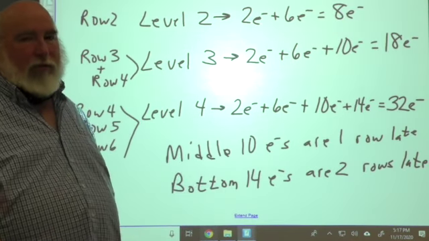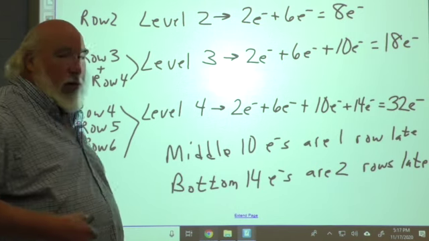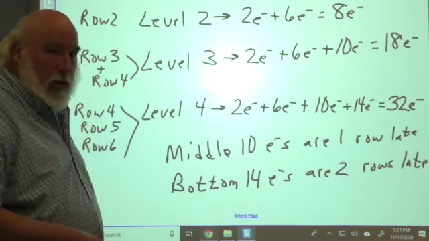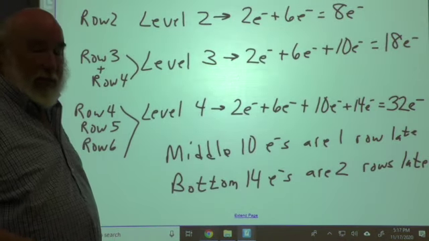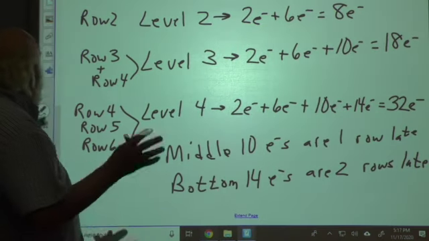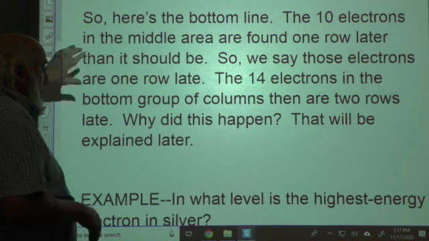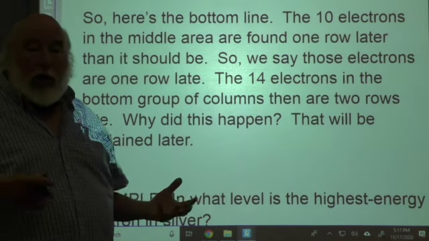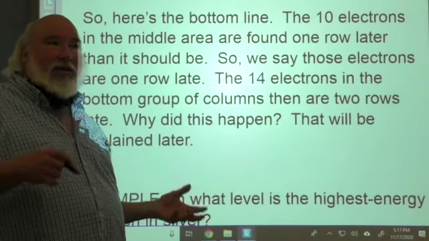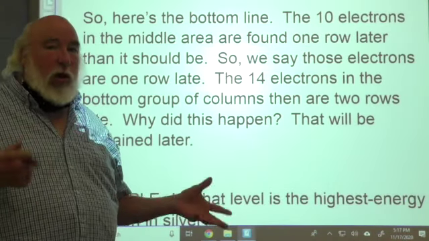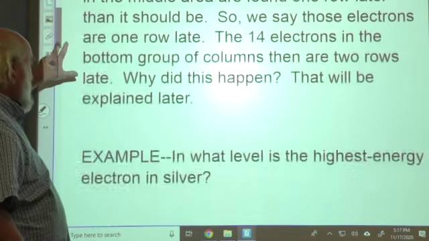Just after Rutherford found the neutron with his gold foil experiment. If you want to see how that worked, that's kind of interesting to watch. But regardless, that leads us up to looking at a periodic chart and predicting what the highest energy electron is and where it's located. So let's do 4 examples of that so you can see how that works.